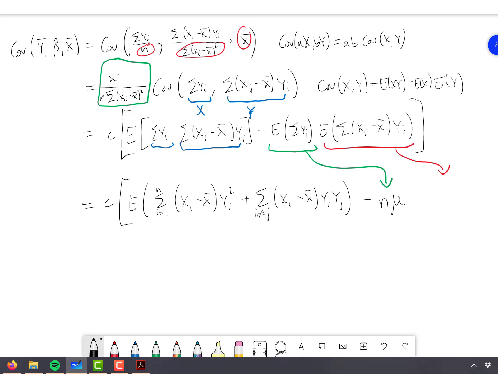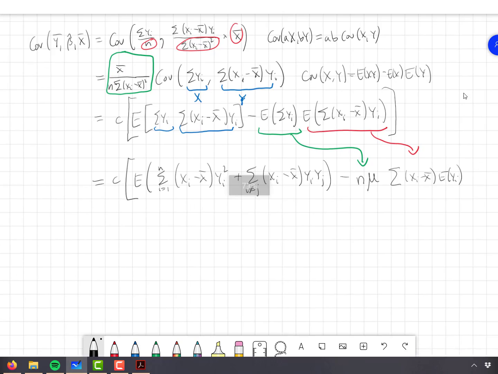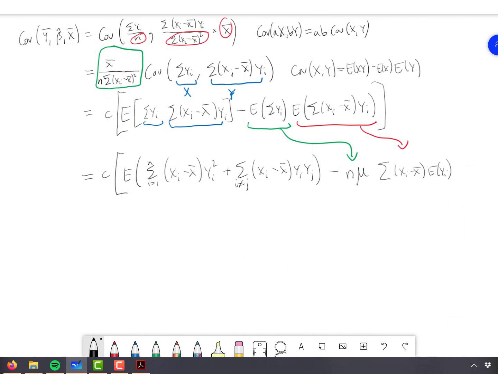And so we can rewrite this as the sum of our xi minus x bar of the expectation of yi here. We'll zoom out slightly just to get it all on the screen, and add our square bracket to close it off.